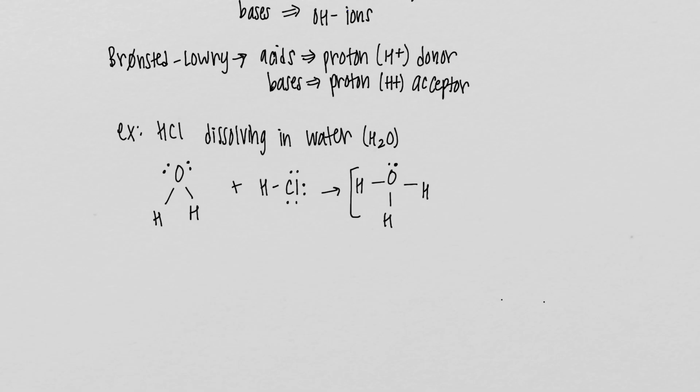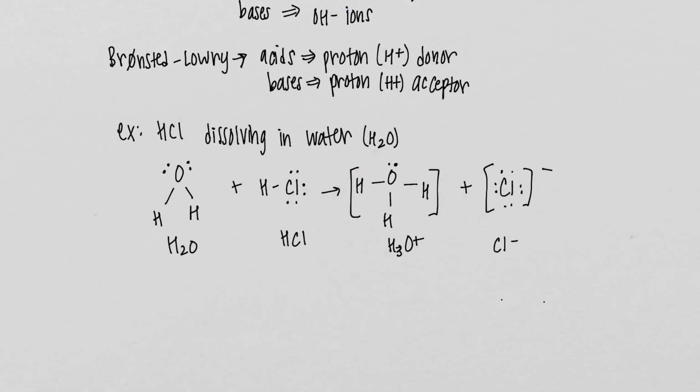Then we have water, we have HCl, then we have H3O+, and then we have Cl-. Chlorine ends up keeping an extra electron, which makes it minus, okay? It's just a visual for you to see that our H2O here became H3O+.